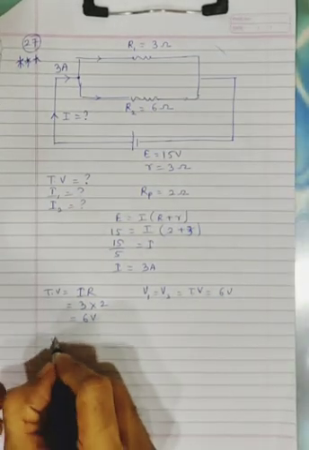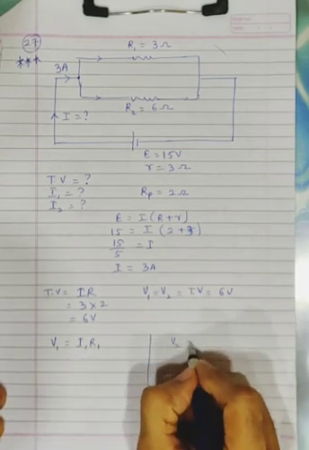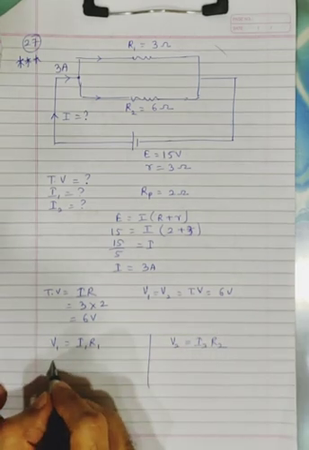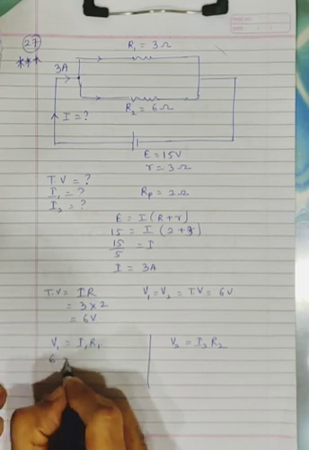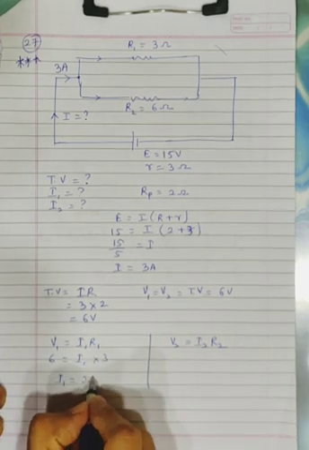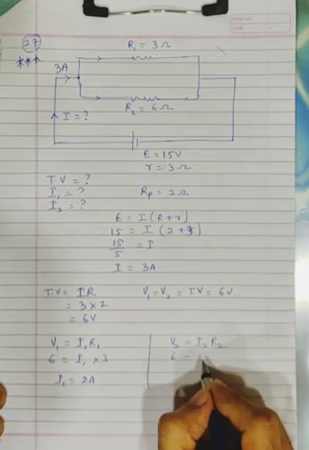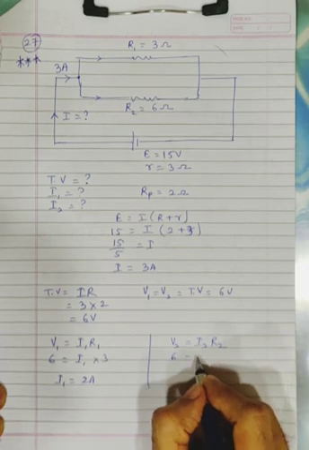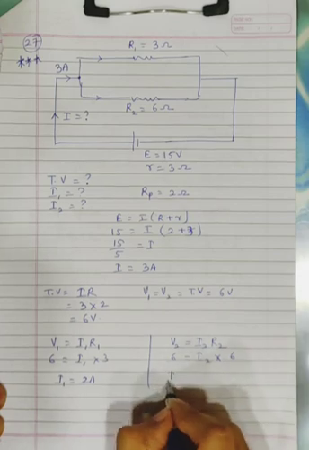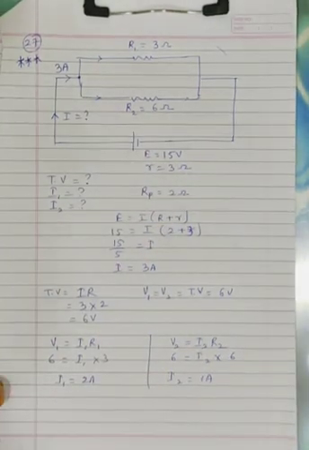Now you have to use the formula V equals IR: V1 equals I1 R1, and V2 equals I2 R2. V1 is 6 volts, I1 we don't know, R1 is 3, so I1 equals 2 ampere. V2 is 6, I2 we don't know, and R2 is 6, so I2 equals 1 ampere. Add both the currents and you will get a total of 3 ampere.